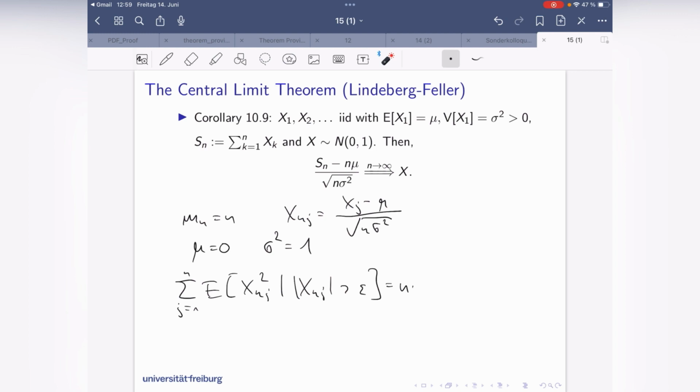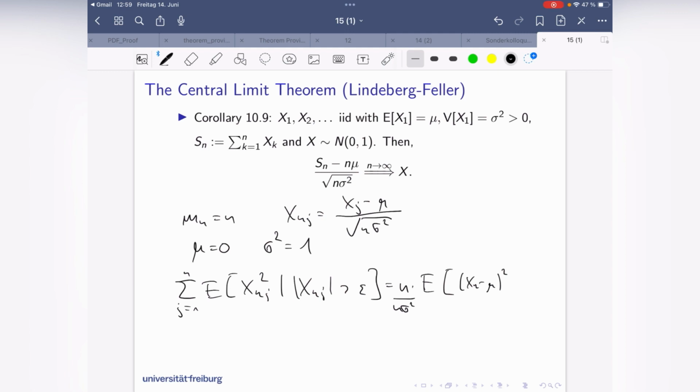So n times the expectation of X_nj square. What's the expectation? Well, I can pull out here 1 divided by n sigma square. And I get always the same thing, (X_1 minus mu) square.